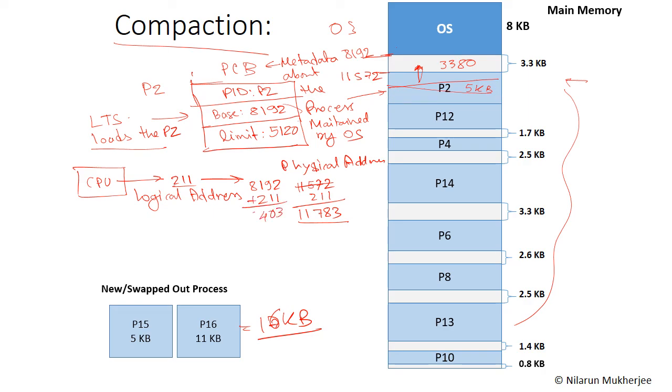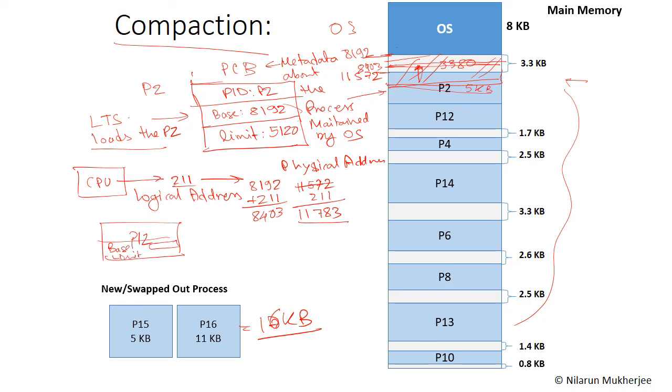So next, when it again tries to access 211, the physical address will be 8192 plus 211, which is 8403, somewhere here. So P2 is now here, and it will access somewhere here, which will be valid.